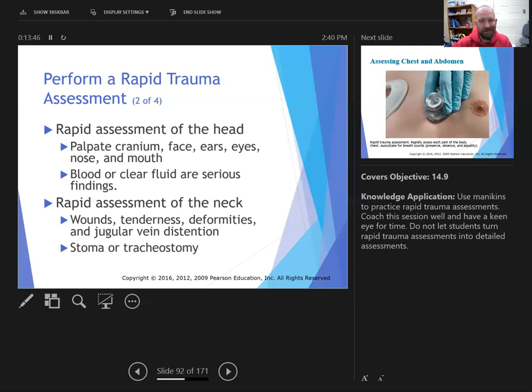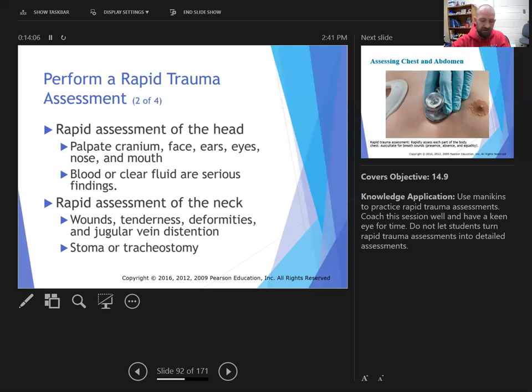One thing I would like to add is that we're going to be looking for what's called step-offs in the back, and we're going to be feeling for midline tenderness. Midline tenderness is pain that the patient has right in the middle of their neck, right down where the spine is. It could be a sign of spinal injury. We're also looking for step-offs.